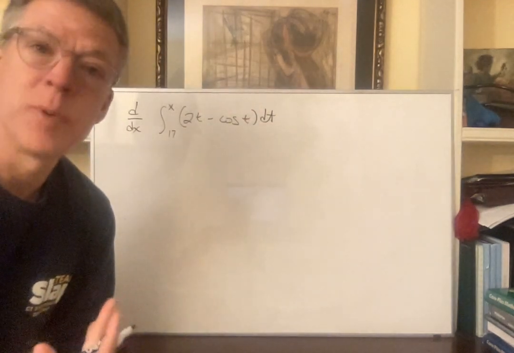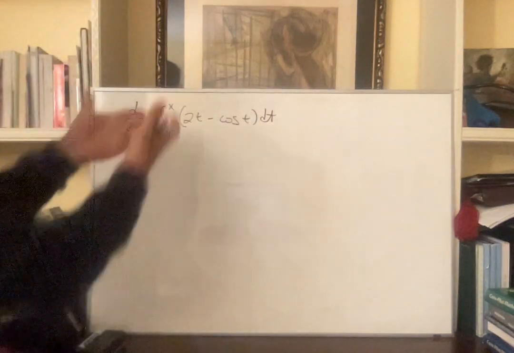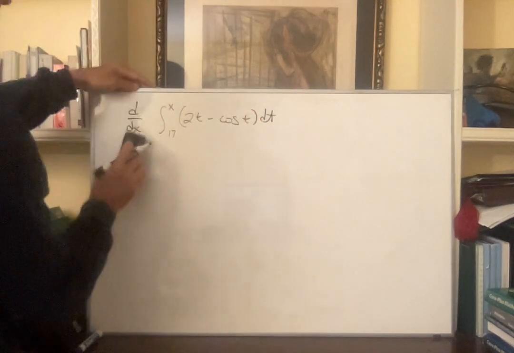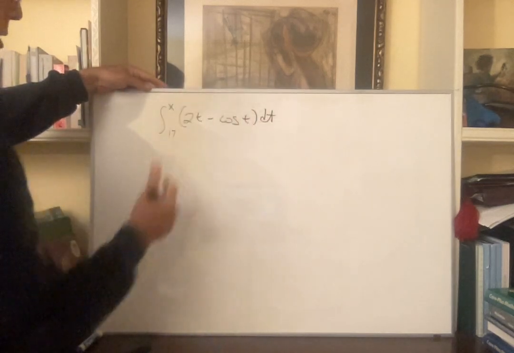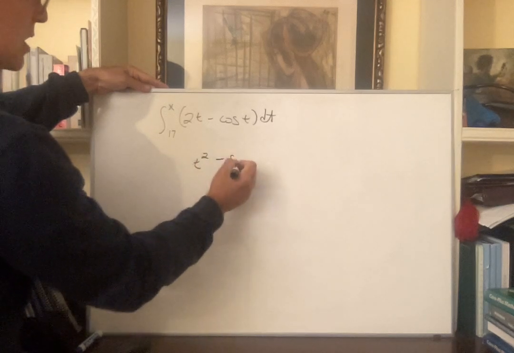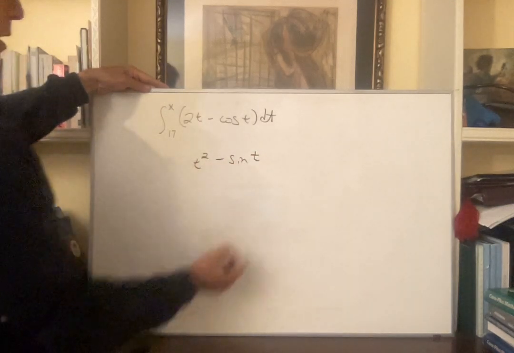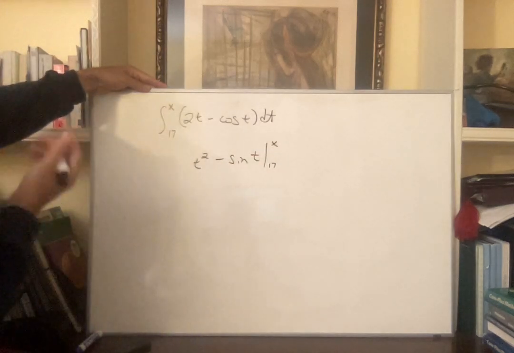There's, like I said, a super pattern, but let's do it one step at a time, okay? Let's see what this actually equals, and then we'll take the derivative. So I'm just going to do the fundamental theorem. Let's integrate this. That would be t squared, minus sine t, right? And then we're integrating from 17 to x. These equal each other, if I did it right.